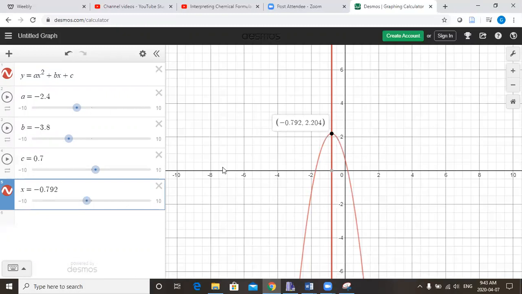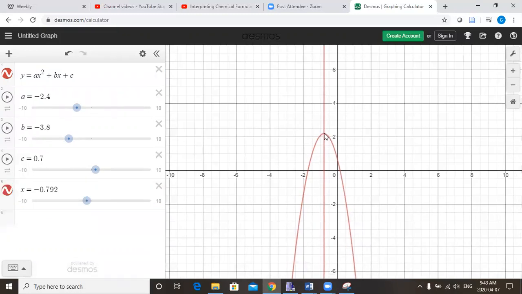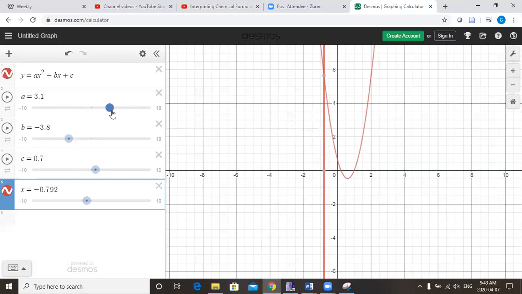Again, what I want to draw your attention to is that the x value is always going to be the axis of symmetry. The y value is either going to be the maximum or the minimum of the vertex of the quadratic function, depending on if the function is opening up or down. In this case, it's opening down, so that's the largest, a maximum value of the quadratic function.